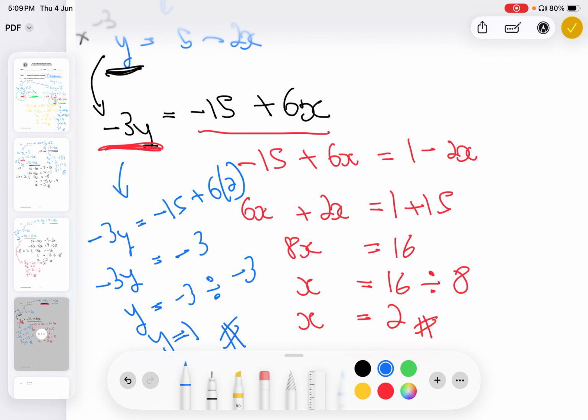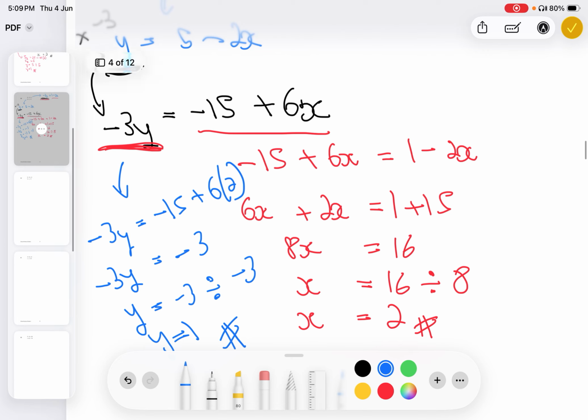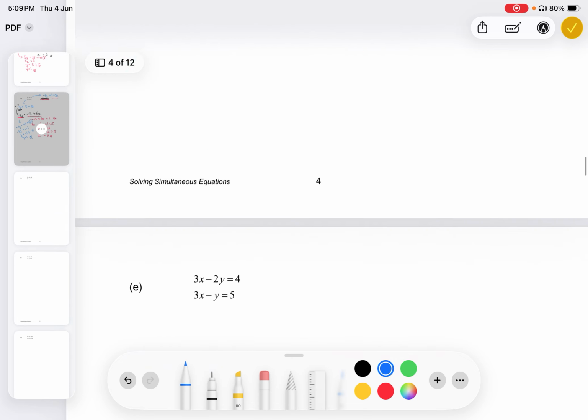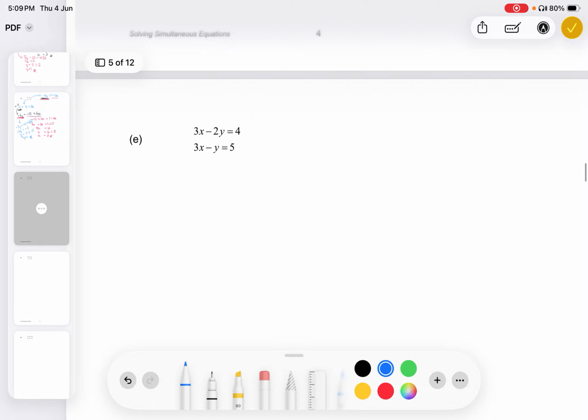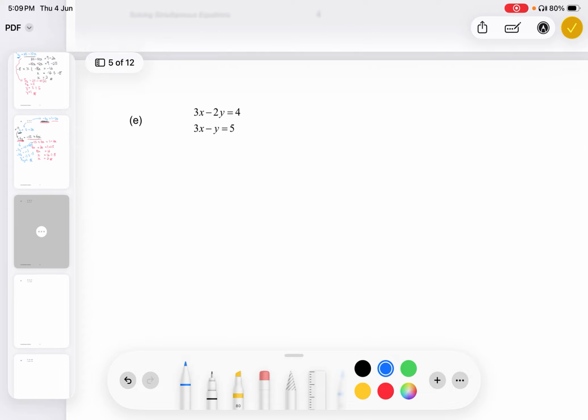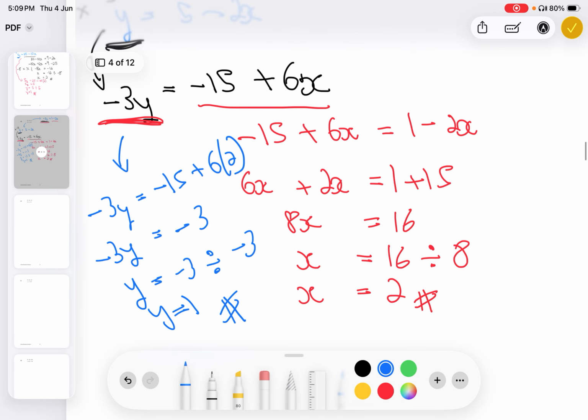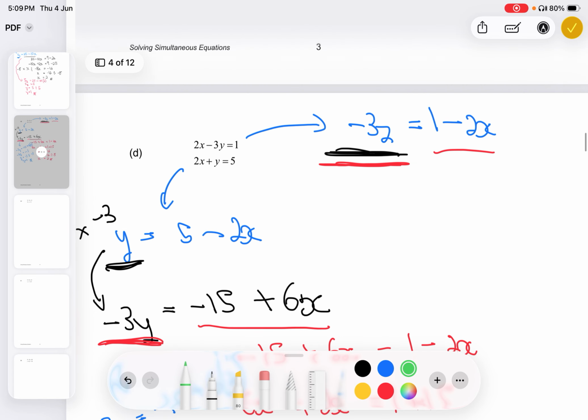So it will be the same throughout. Okay, let's move on to the next few questions. So every question will be the same. Let's look at this one, the next one. So for this question, you see this one is negative 3y. This is y.